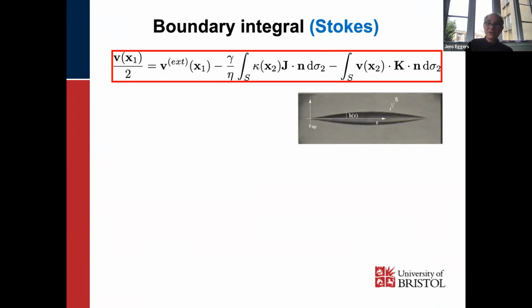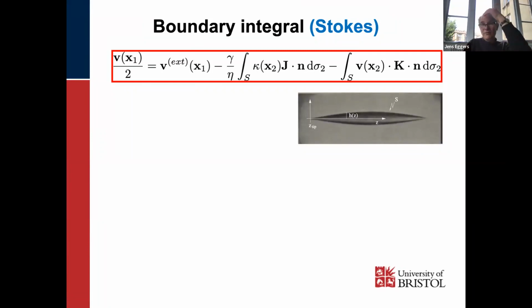And the second part of the boundary integral equation accounts for the fact that there is a jump of viscosity, the value of the viscosity across here. And throughout this lecture, I will soon assume that the outer fluid is viscous, whereas the inner fluid is totally inviscid.